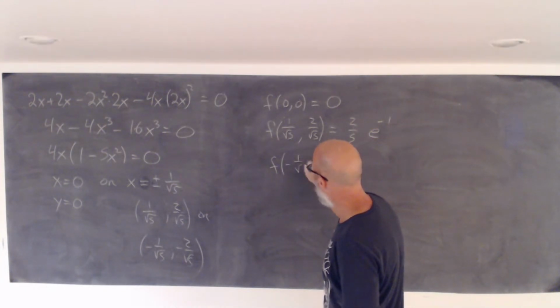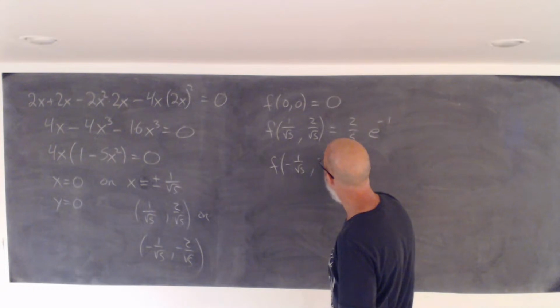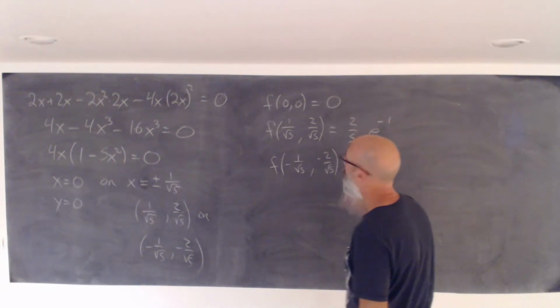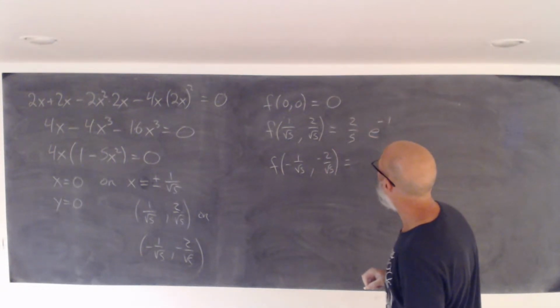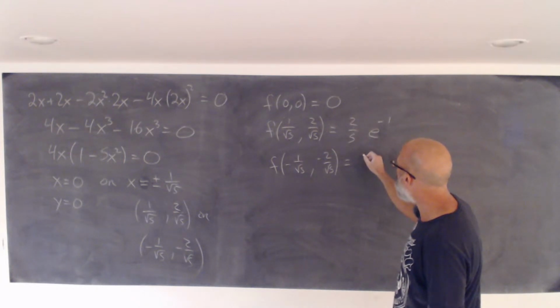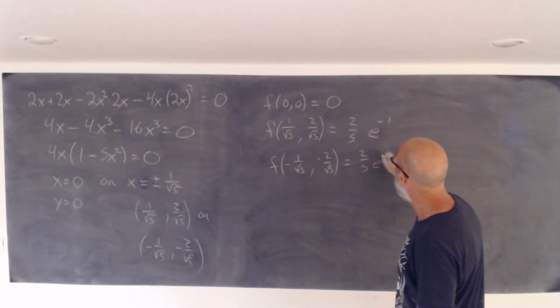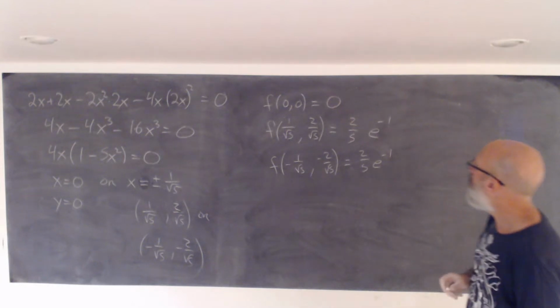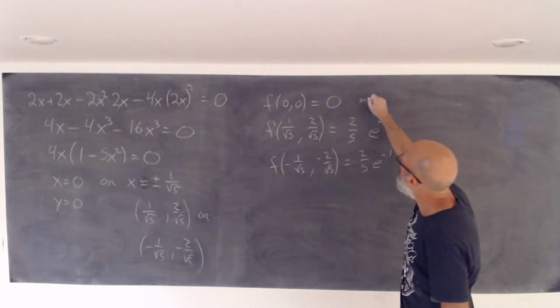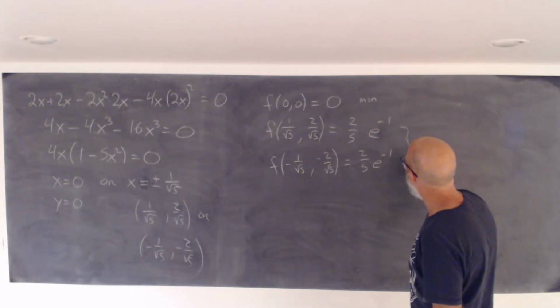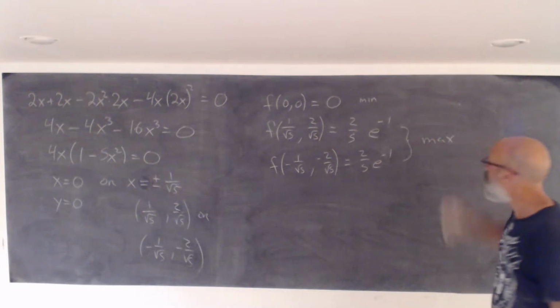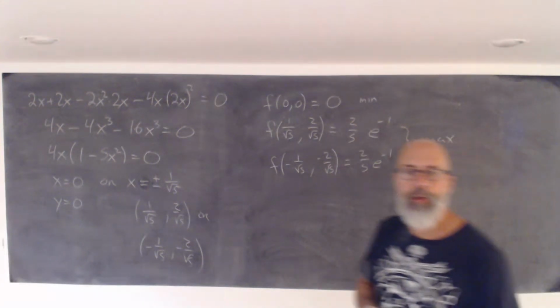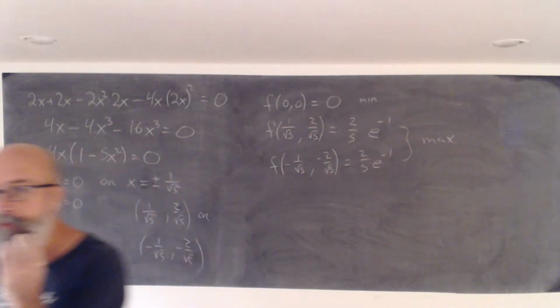And f of minus 1 over root 5, minus 2 over root 5 gives us the same thing. So this one is the minimum, and these two are the max. Same value occurring at 2 different places.